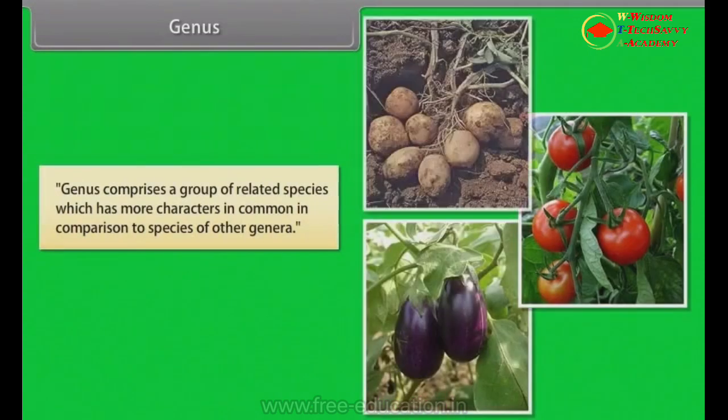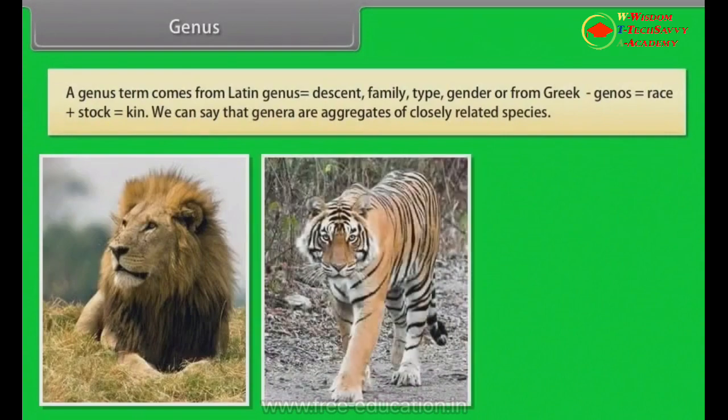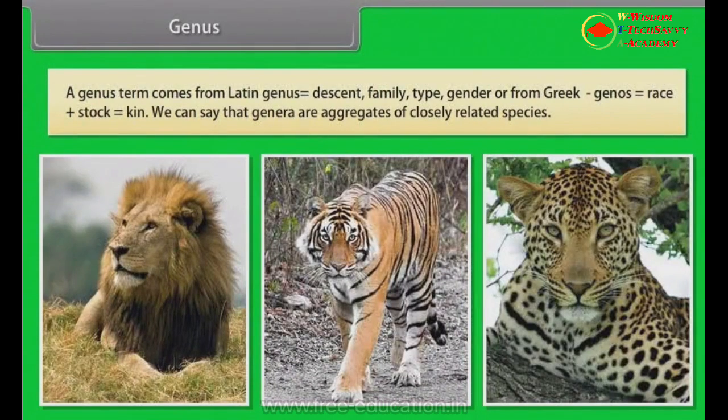Genus comprises a group of related species which has more characters in common in comparison to species of other genera. The term genus comes from Latin genus, descent, family, type, gender, or from Greek genos, race, plus stock, which is kin. We can say that genera are aggregates of closely related species.